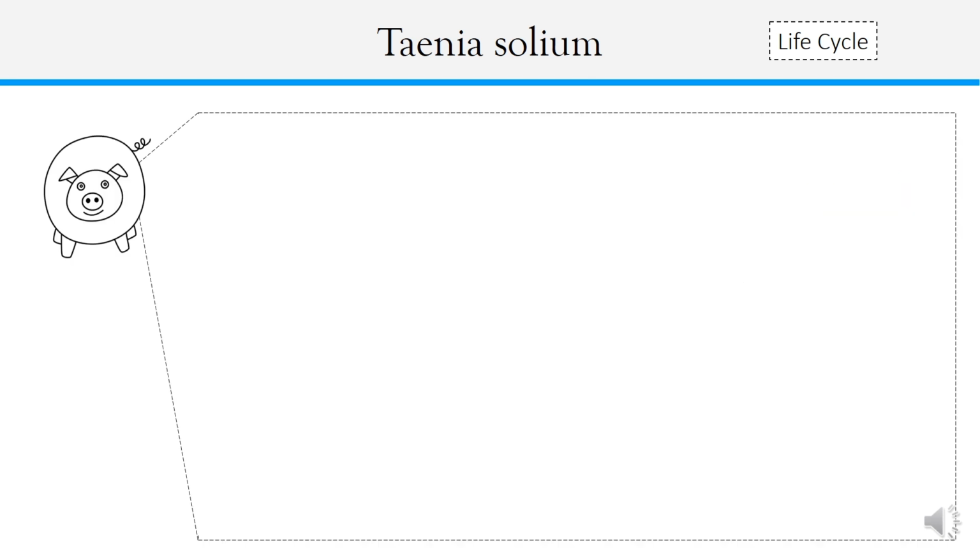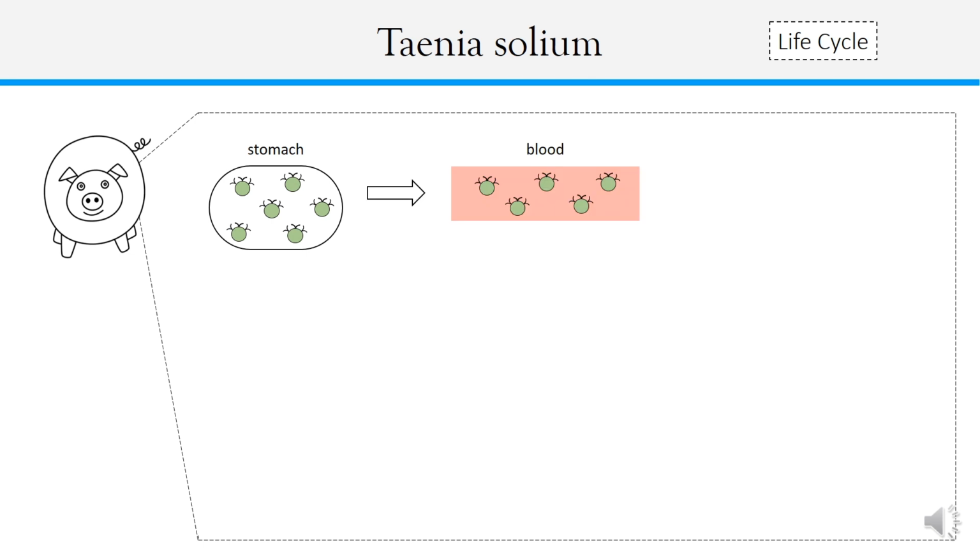What will happen next? Inside the stomach of the intermediate host, the eggs will be digested, and oncospheres will be released. Once again I want to point your attention to the fact that the immature form of these parasites is represented by 2 subforms.